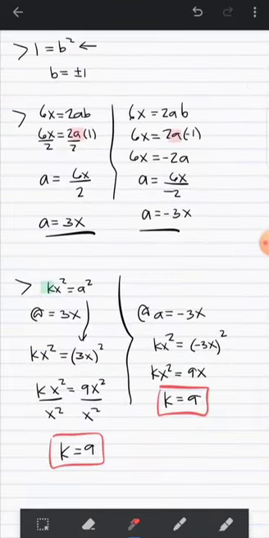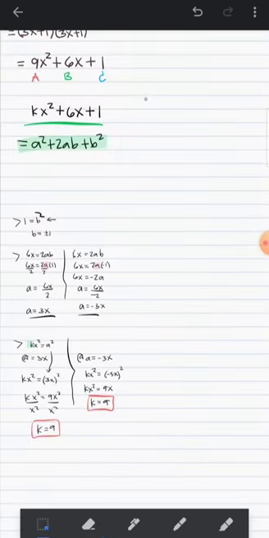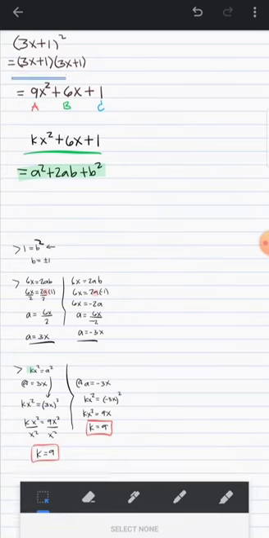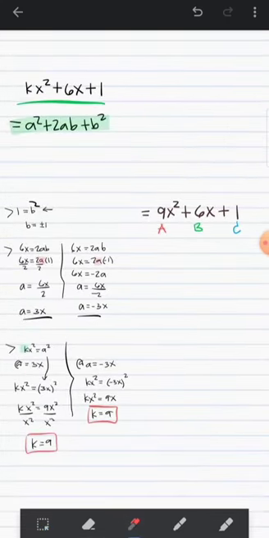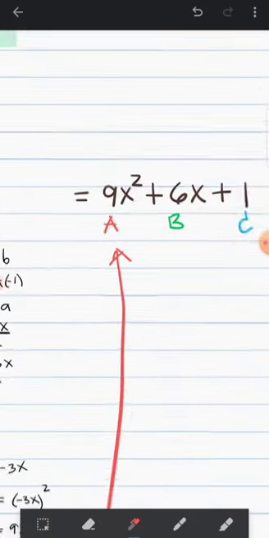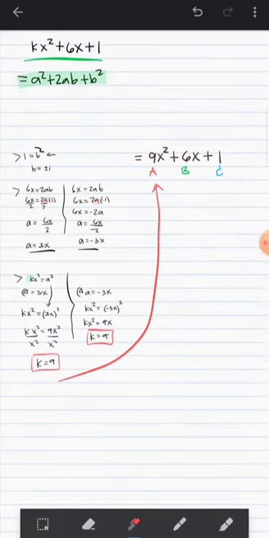So you see, we've just solved for the unknown value, which in terms is this one, in our perfect square trinomial. So here we have k, and we assume that we don't know that 9. So that's it. That's how you solve for problems like this if the unknown is a.